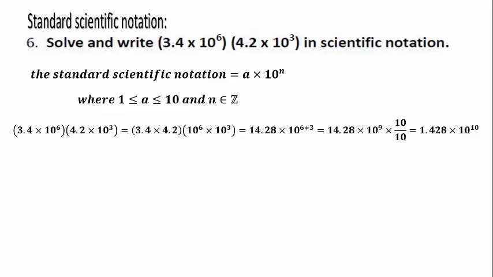So let's deal with it again. 14.28 times 10 to the power 9 multiplied by 10 divided by 10. We will have 1.428 times 10 to the power 10.